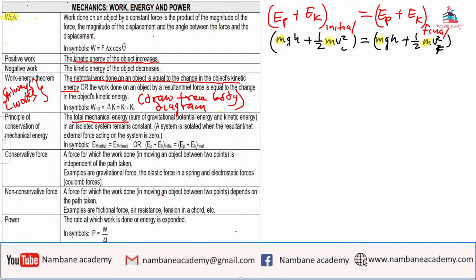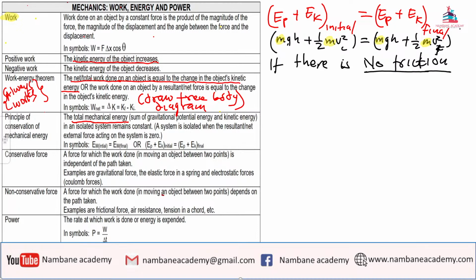We can only apply this principle if there is no friction. So once we are told there is no friction, it says that the system is isolated. So once the examiner tells me there is no friction, chances are 100% that the principle of conservation of mechanical energy will definitely work.